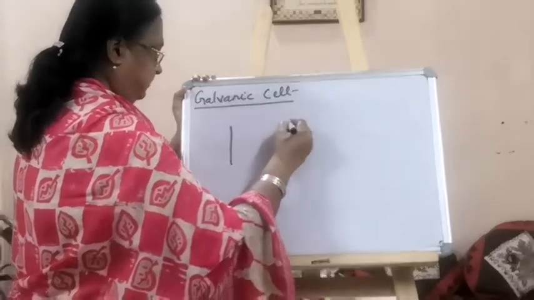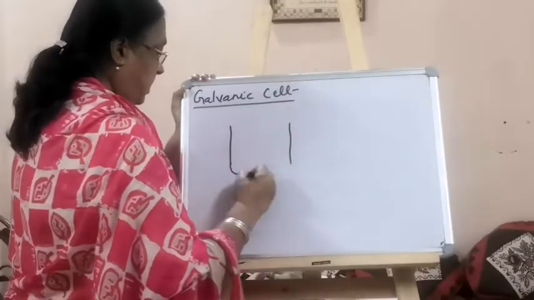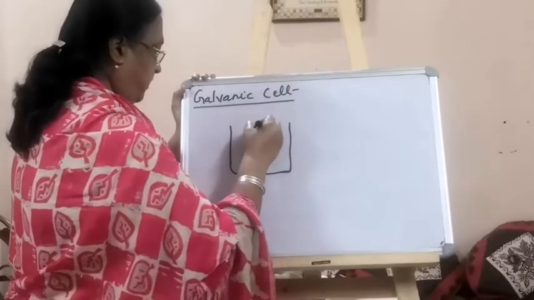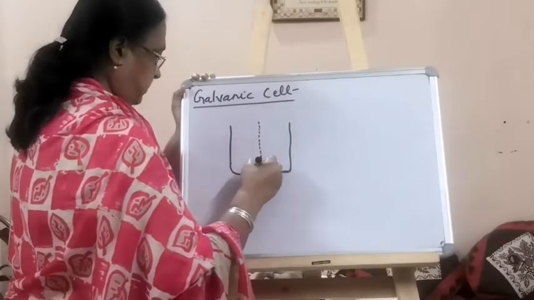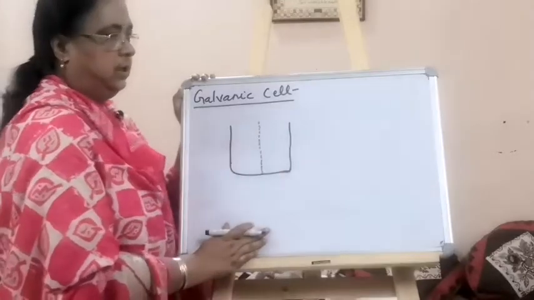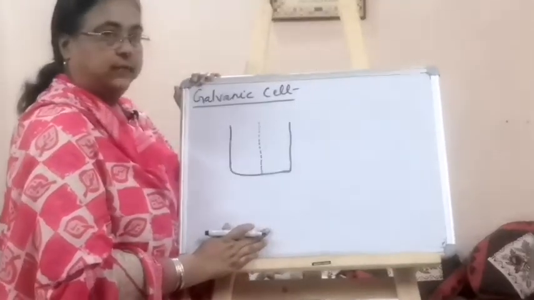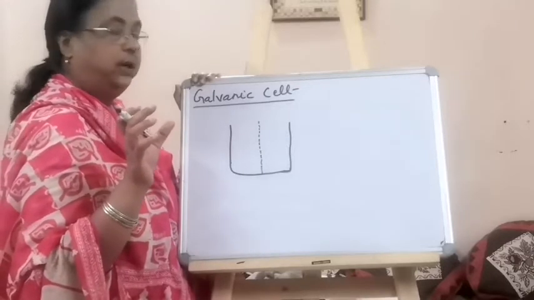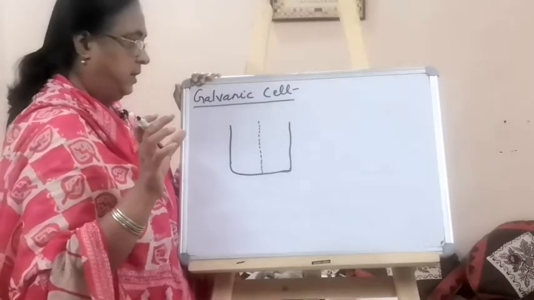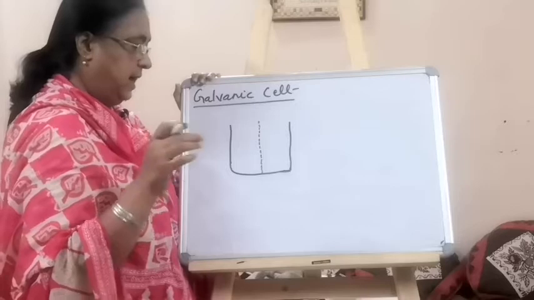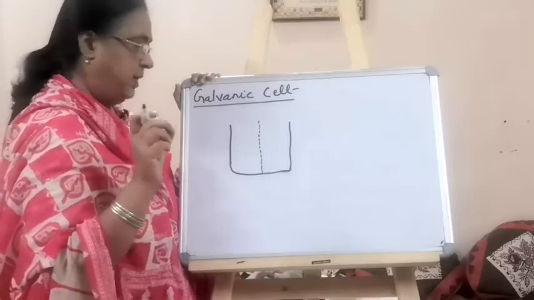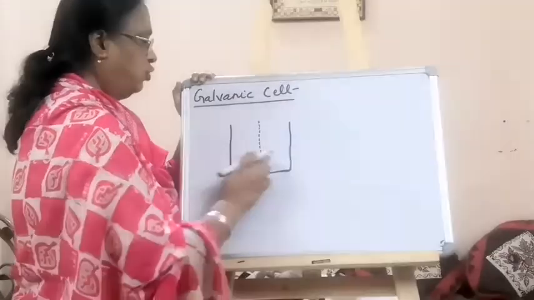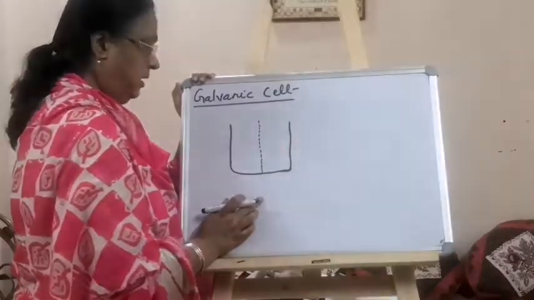One is you take a beaker, and in this you put a porous plate. The material of this porous plate is like the candle in your water filter. A plate is made of that, having very fine pores, and it is fixed in the middle. So it creates two chambers in the beaker.